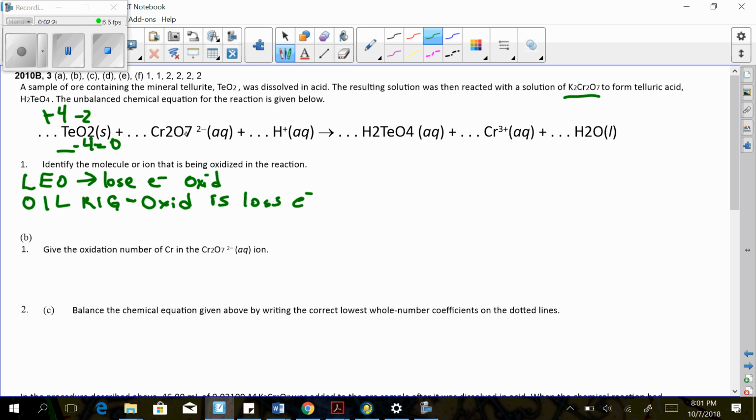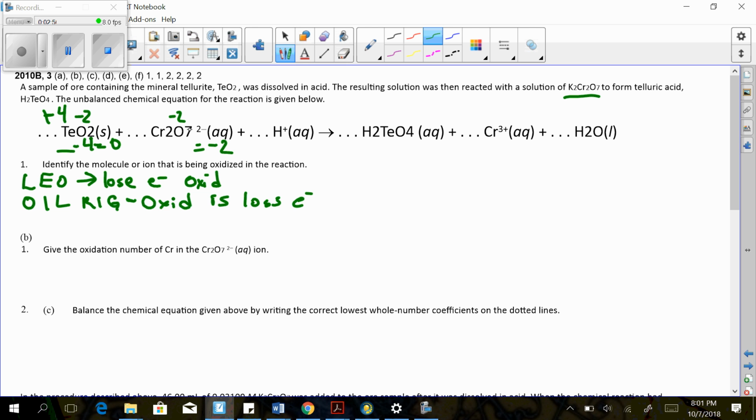Coming over to the next species in the reaction is my dichromate ion, which has an overall -2 charge. So all of these things are going to equal -2. My oxygen, again, is not a peroxide, it's not attached to fluorine, and it's not by itself, so it must be a -2. It follows those rules, so it's a -2.